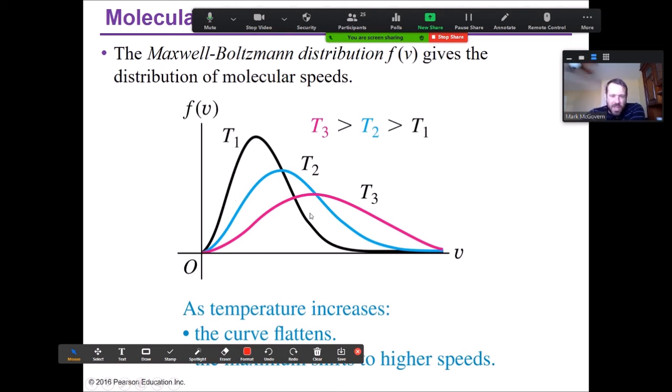And generally speaking, as you heat objects up, the spread increases, and fewer molecules are actually at the average. When you lower the temperatures, things kind of tighten up. You have less of a spread, and a lot of molecules fit right in the middle there. That's kind of the nature of this.